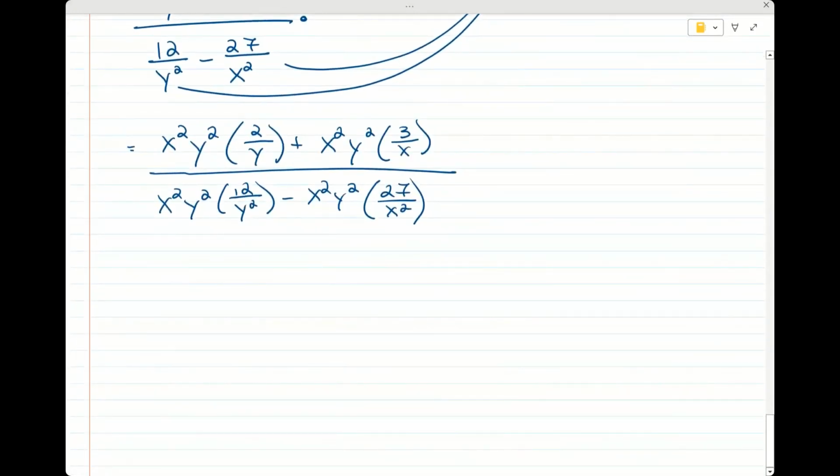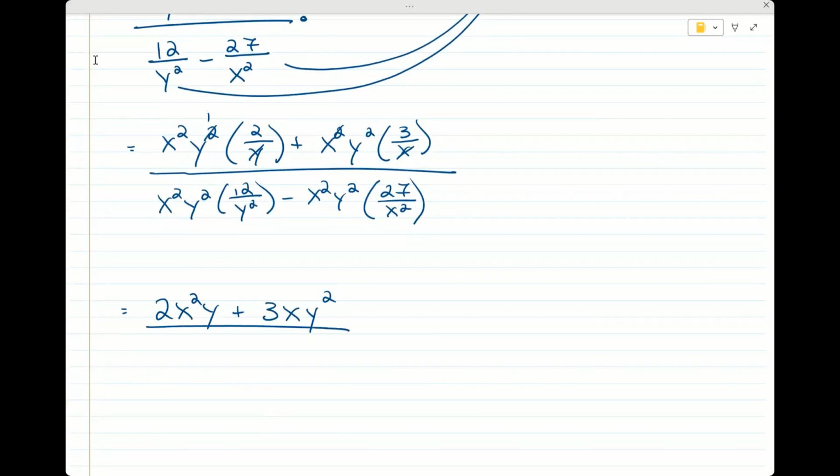I'd recommend you write everything out, and then you could simply just cancel out the common factors that you're multiplying and dividing by. So we could cancel out a factor of y with one of these, and we're just left with 2x squared y. Remember, if you cancel one out, you're just left with y to the first. And then over here, you cancel out an x, and you're left with 3x y to the second.